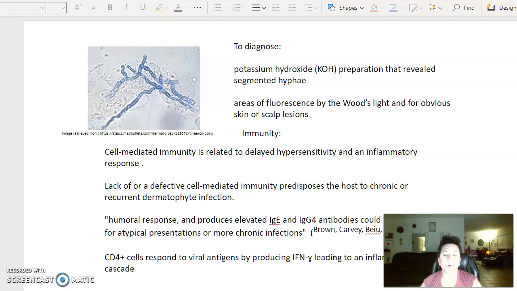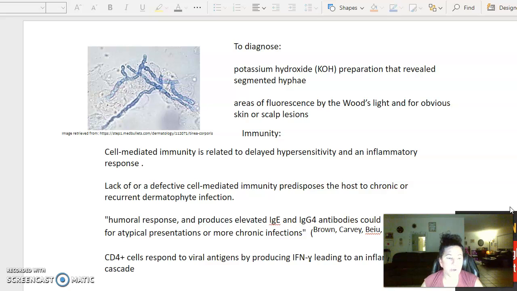According to Brown, Harvey, Bowe, and Hodge, the humoral response produces elevated immunoglobulin E and immunoglobulin G4 antibodies that can be responsible for atypical presentations or chronic infections. In talking about the complement system and our immunity, we have CD4 cells that respond to the antigens by producing interferon gamma, leading to an inflammatory cascade.